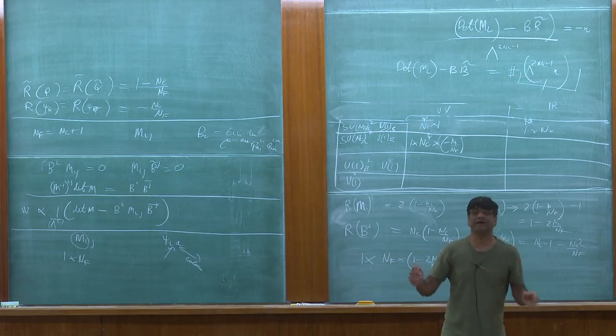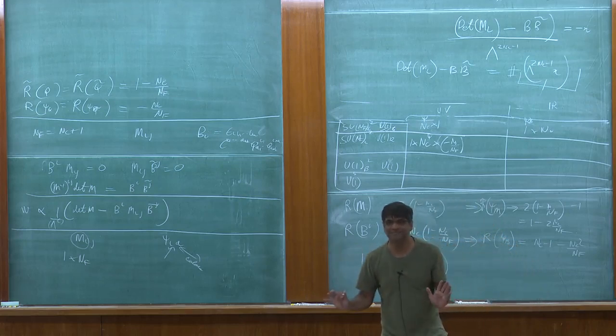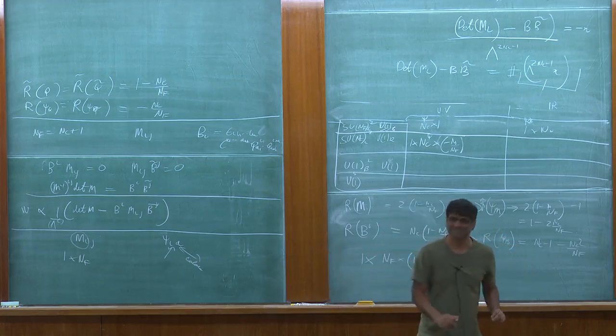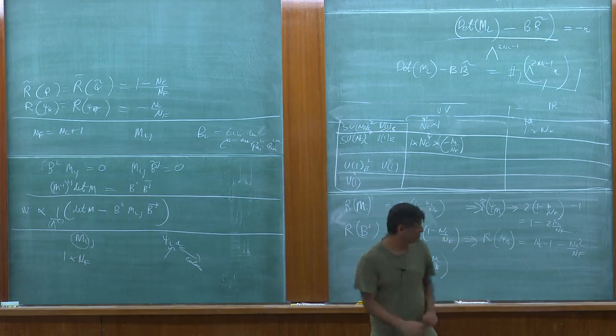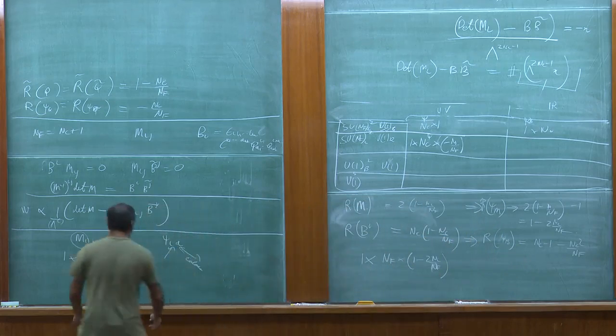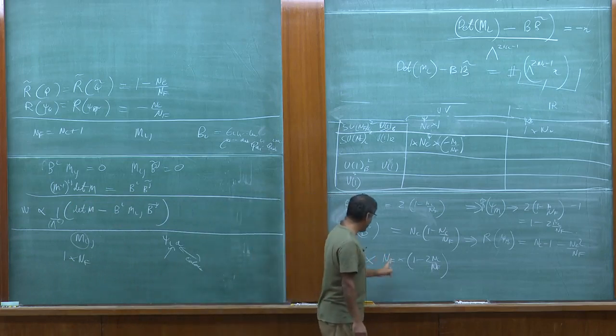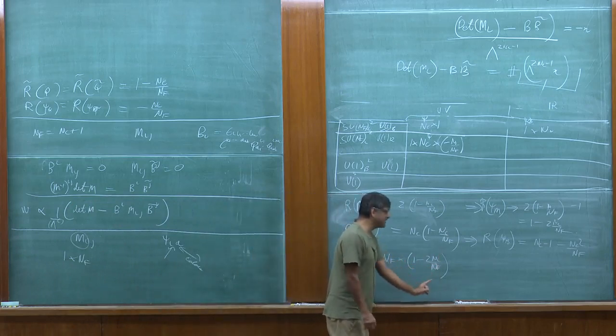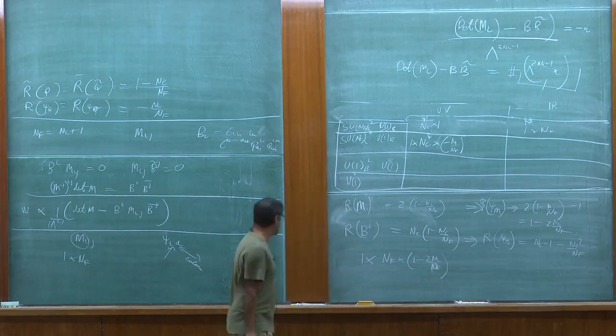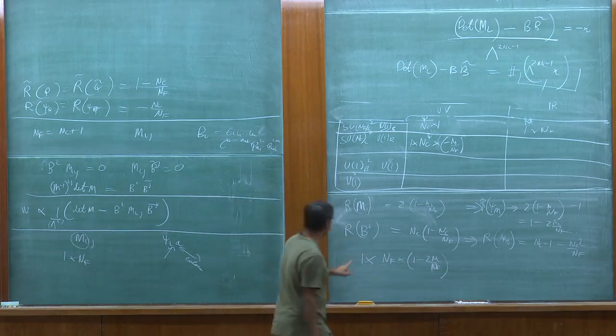This is the first time we're considering the contribution of Mij. Clear? Excellent. So let's keep going. So it's NF times 1 minus 2 NC by NF. That's the contribution from M.